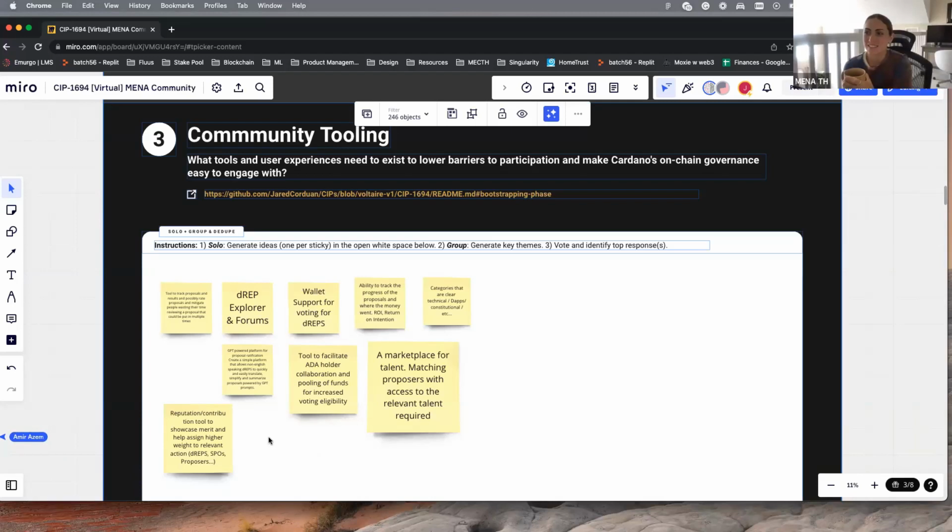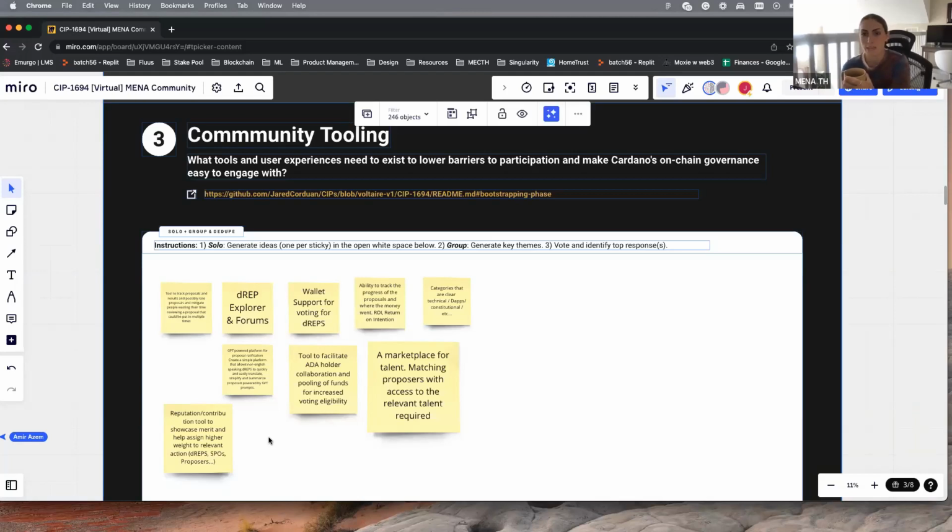I think the whole verification thing is a big thing as well. There's a whole discussion around there being no proof of humanity. So how do I know that I'm not giving my vote to a smart contract and not an actual DREP as a person?